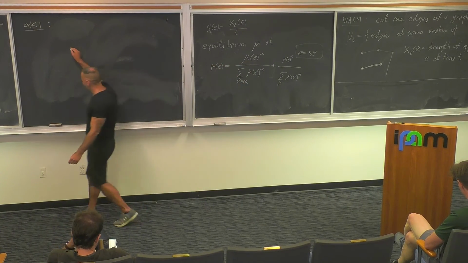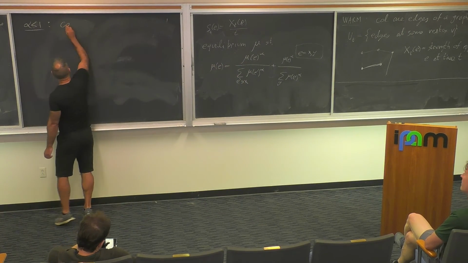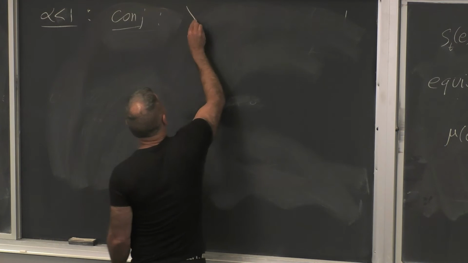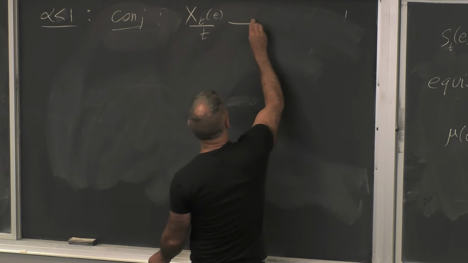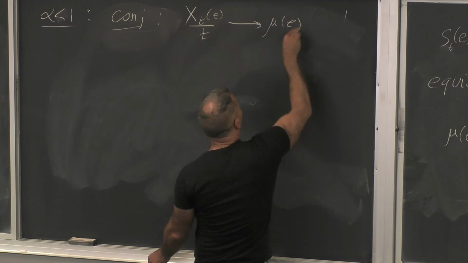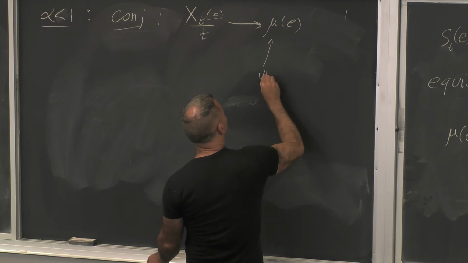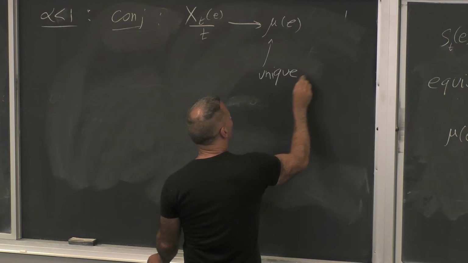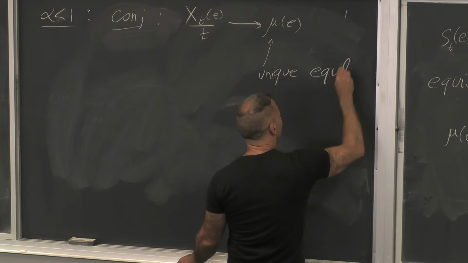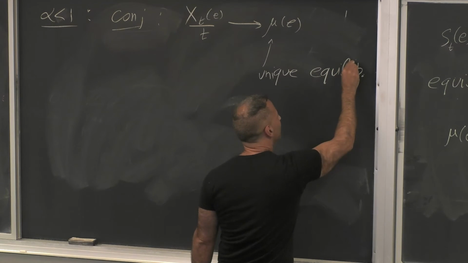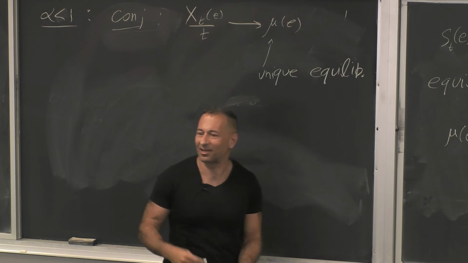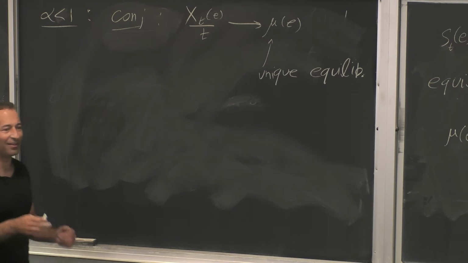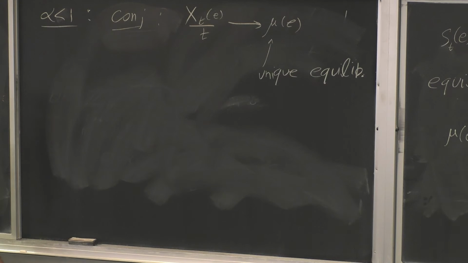So the general conjecture is that x_t(e)/t converges to some mu(e), which is a unique equilibrium. So it's a unique equilibrium satisfying this, which you can derive out of the graph.